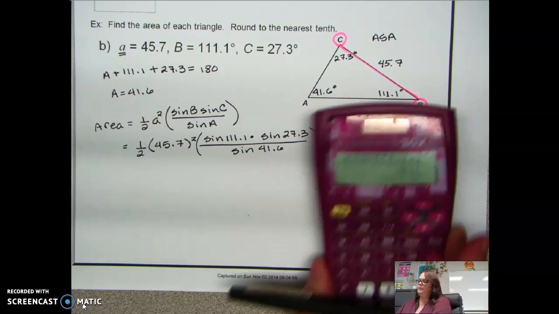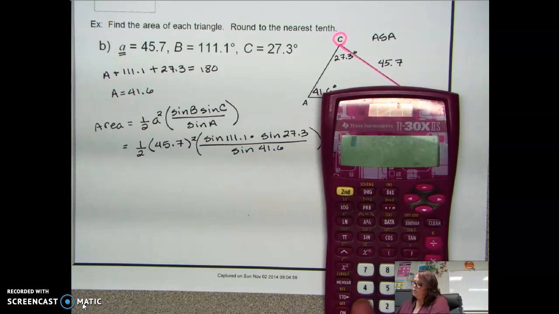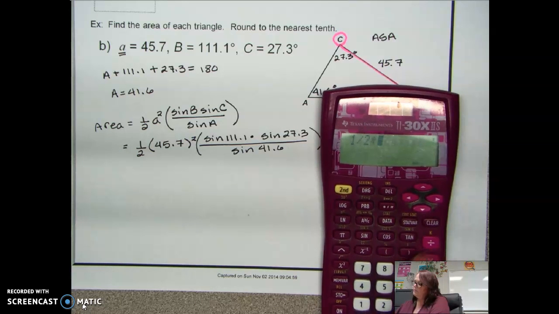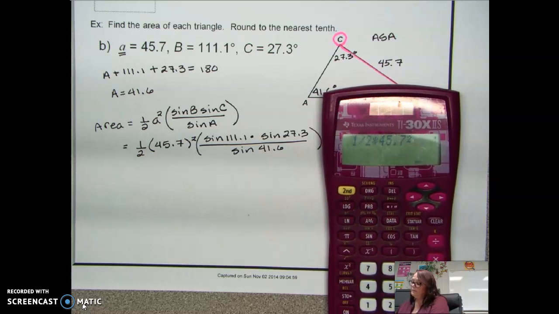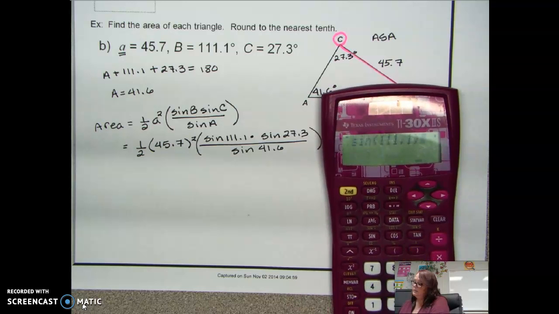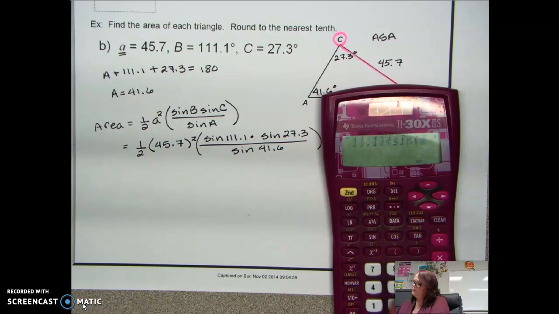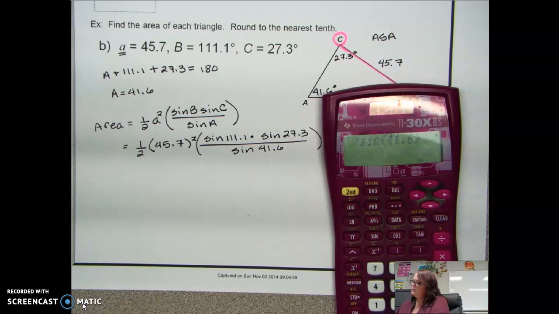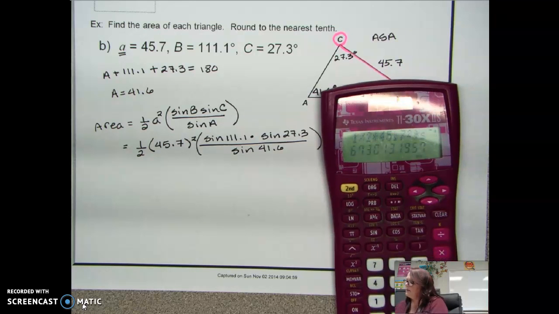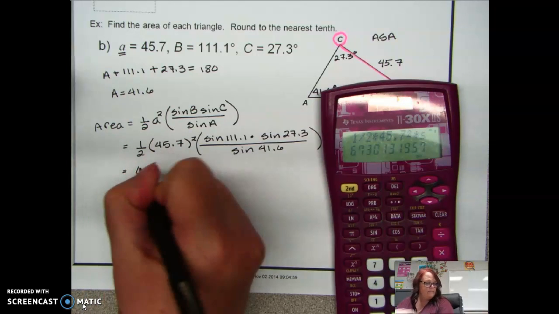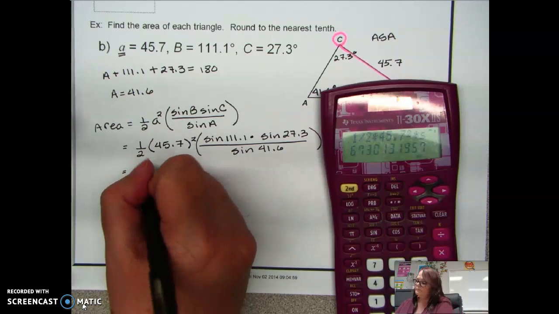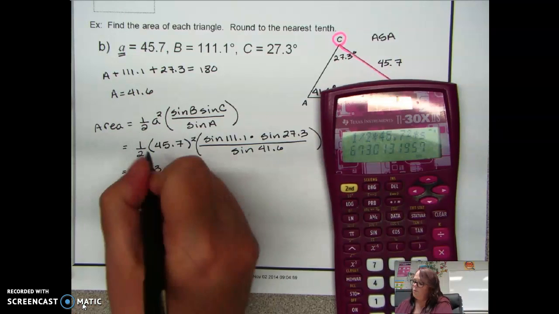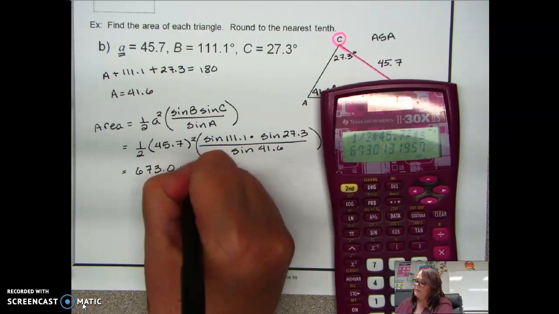Okay, so if we plug that into our calculator, we're going to do 1/2 times 45.7 squared times the sine of 111.1, close my parentheses, times the sine of 27.3, close my parentheses, divided by the sine of 41.6, close it, and I get about 673.0 units squared.